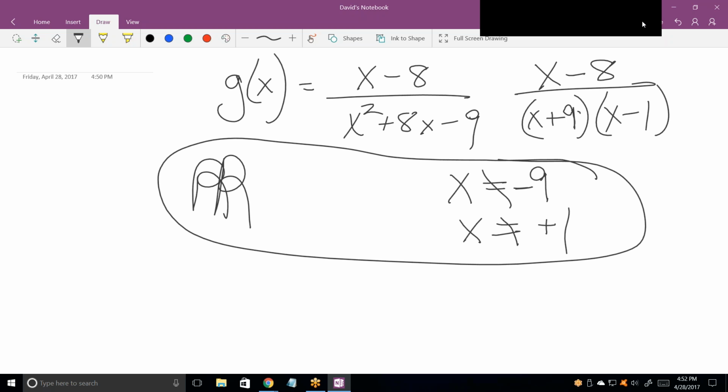I don't think it's either, actually. I think they just want me to list the values of x that are not in the domain. That's all you need. So -9 and +1. Any other value of x is in the domain, including x equal 8. There's nothing wrong with the numerator being 0. You just can't have a 0 denominator.